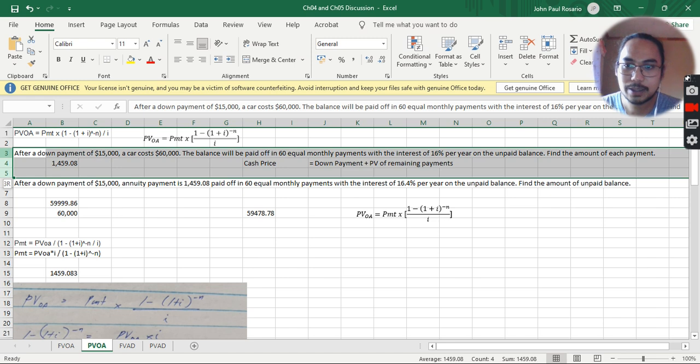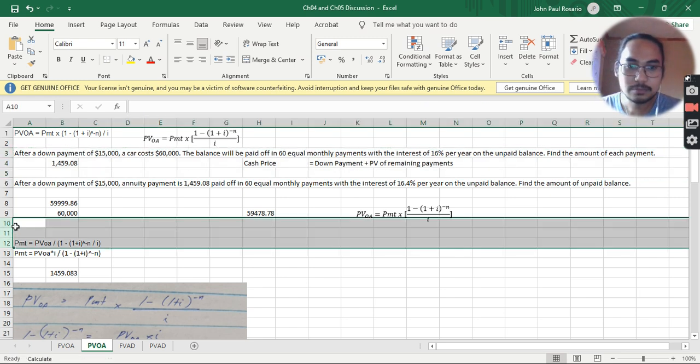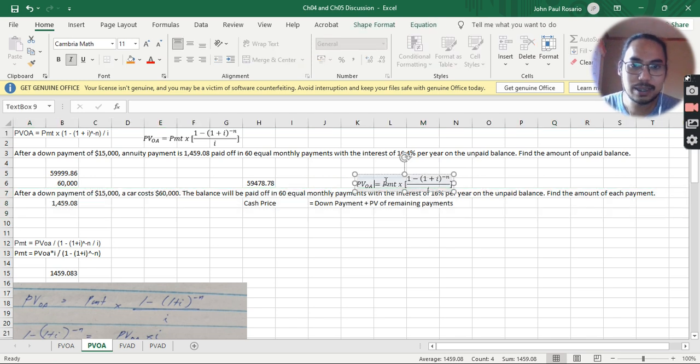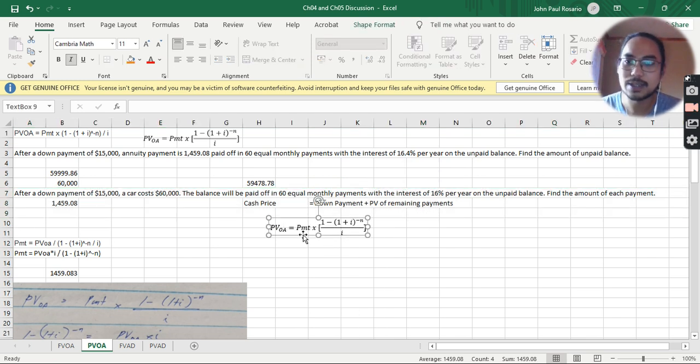Okay, let's transfer it here for now. Let's go with the present value calculations first.